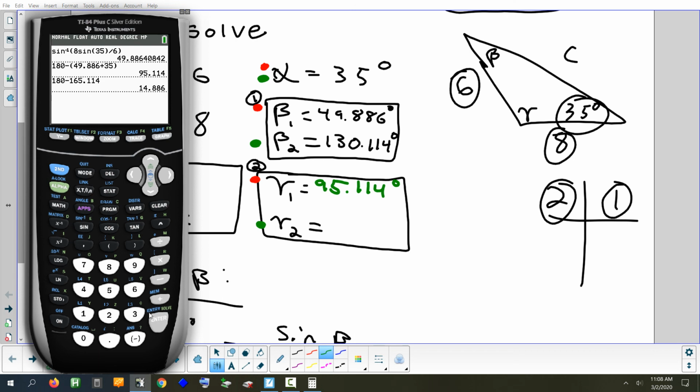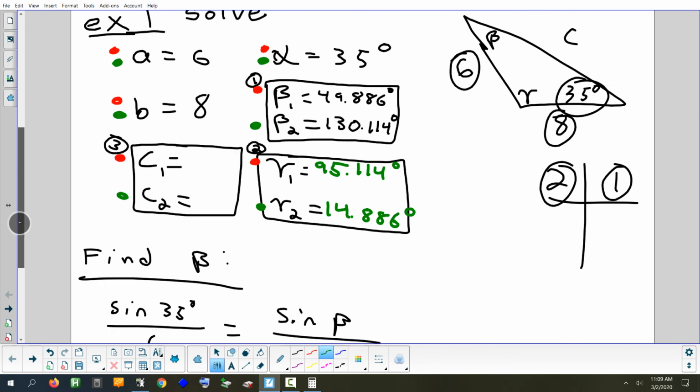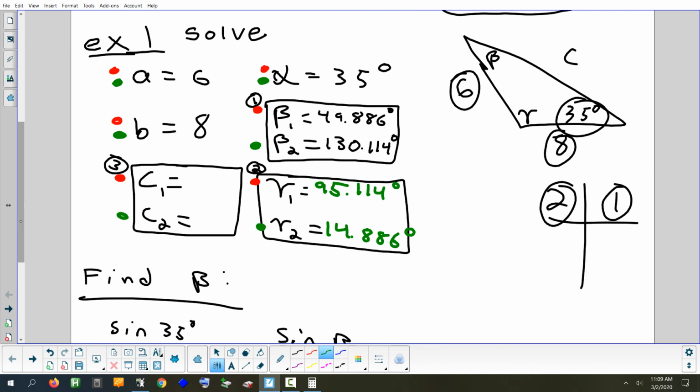And we get 14.886. Okay. Any question on gamma 2? Okay. Now let's find C1 or C2. That's the last thing. Doesn't matter which one you do first. So Zach, which one do you want to do first? C1. Okay.